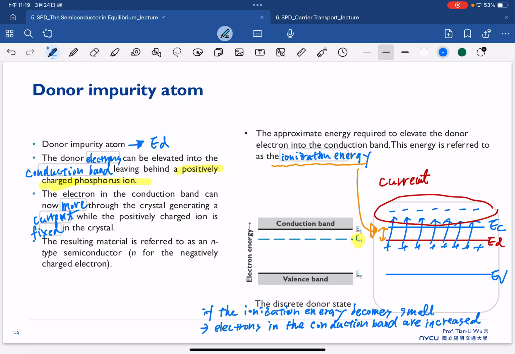Right? Because as I say, if this gap is getting small, for sure more electrons can easily jump to the conduction band and contribute as a current here.